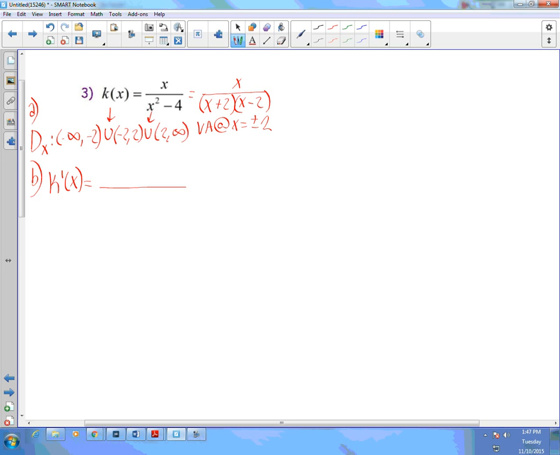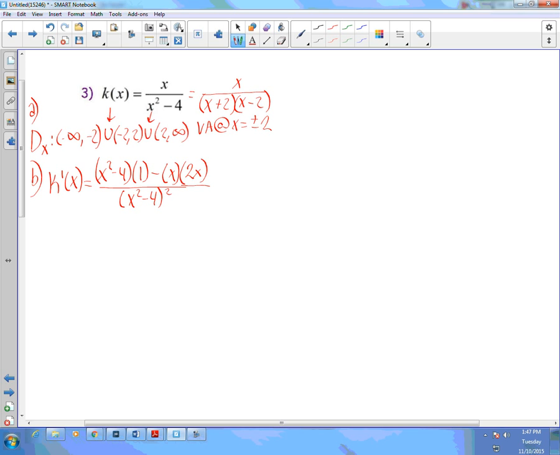Low d high minus high d low? Good. Over, and we have the denominator squared, x squared minus 4 all squared.